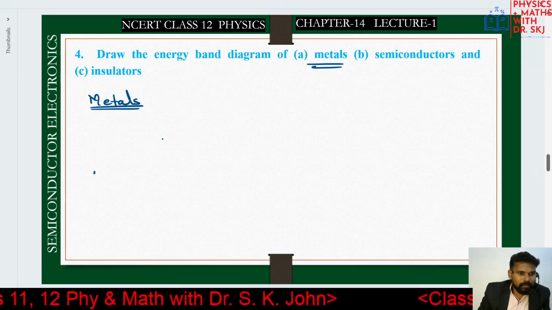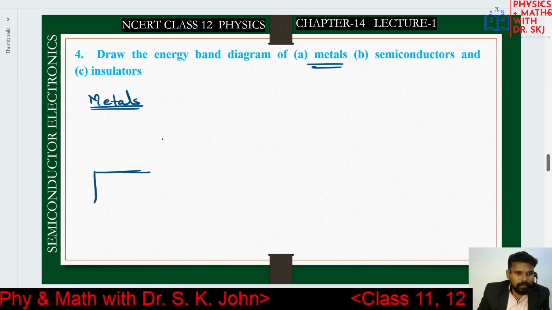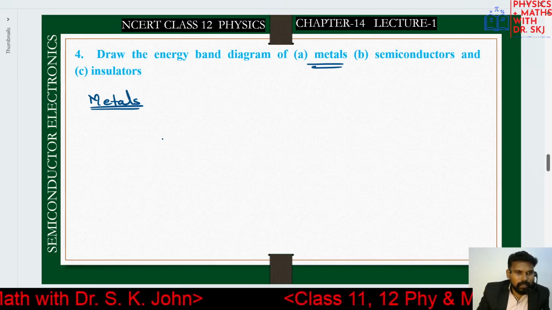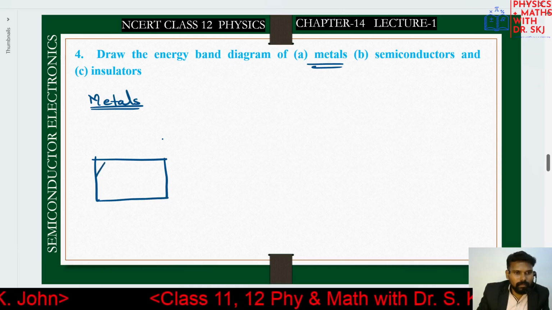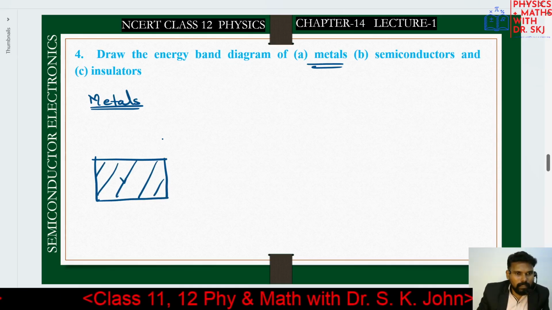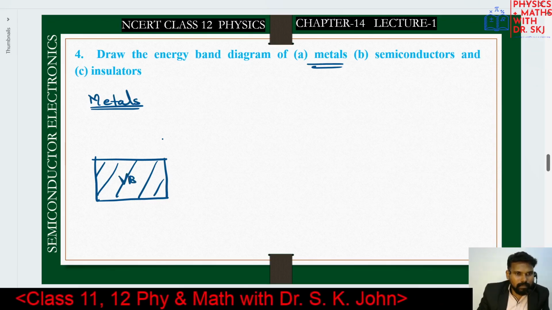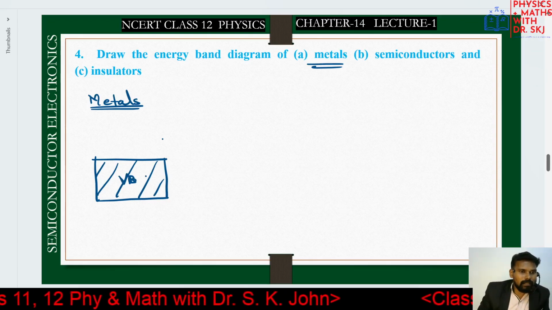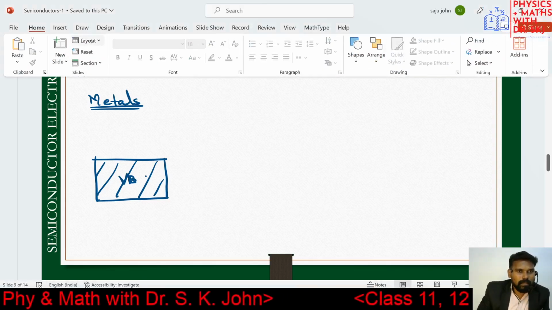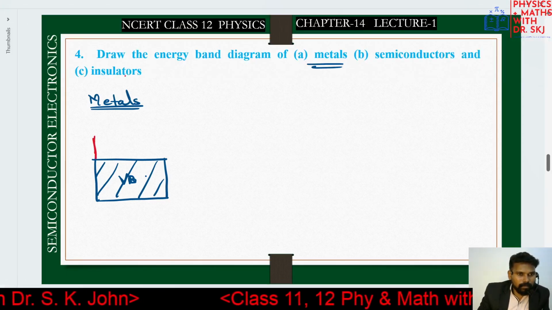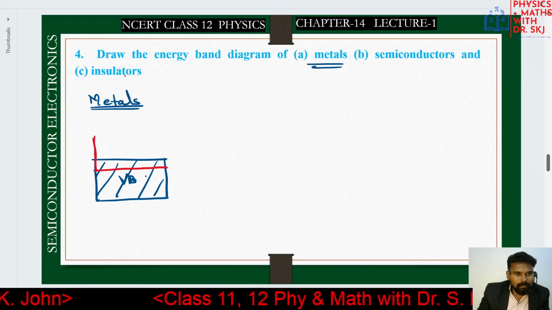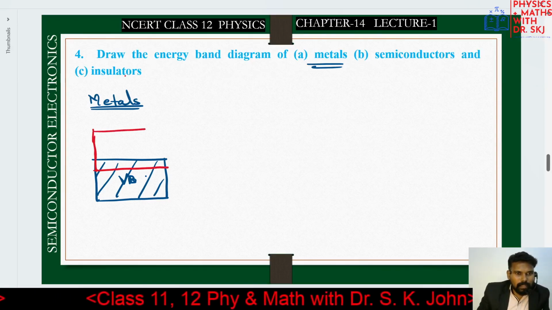For many metals, the energy band diagram is like this. There is a valence band, which is a fully occupied band. I'm writing VB for valence band, and the other one, let me use another color, is the conduction band, and this conduction band is overlapping with the valence band.